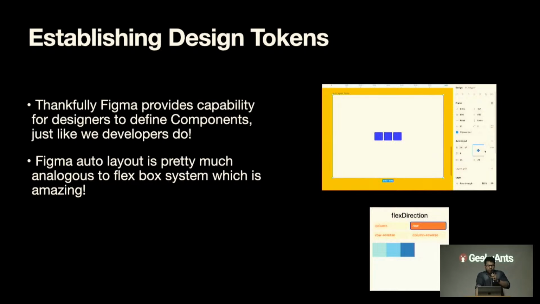So thankfully, Figma provides a lot of capabilities to designers, and in a lot of ways, we are not so different because designers also have this capability known as auto layout, which is pretty much like a flexbox system that we do have, right? So it's pretty much analogous. If I show you this video, designers also make use of this to lay out and position their elements. So there's a very good possibility you can transpile it to actual code.